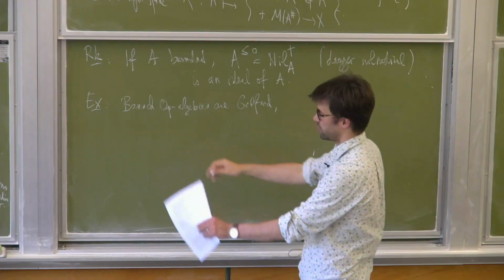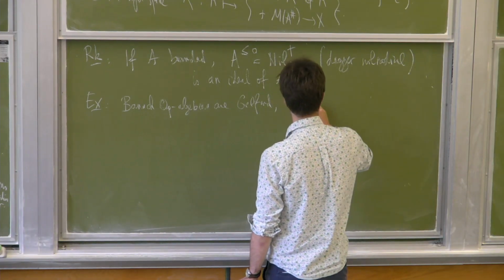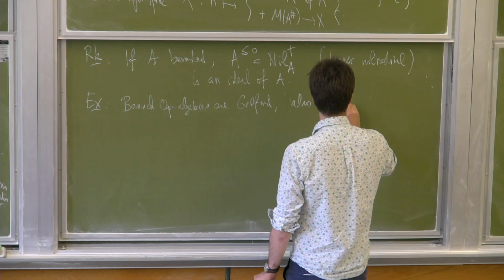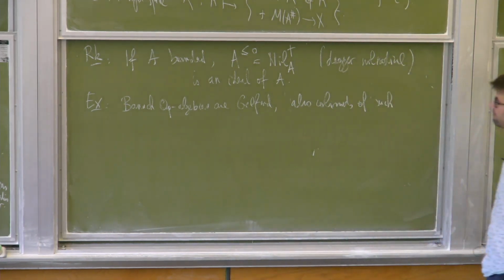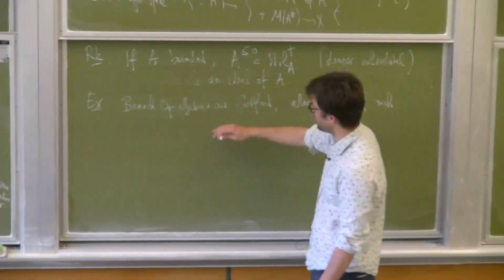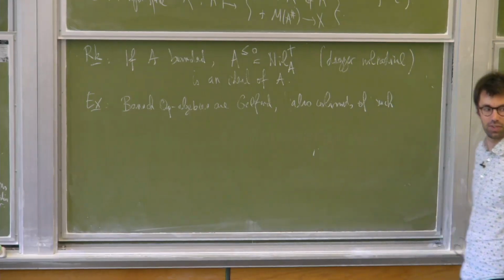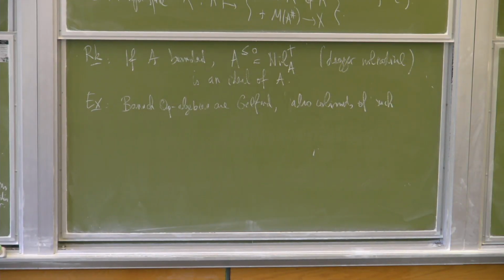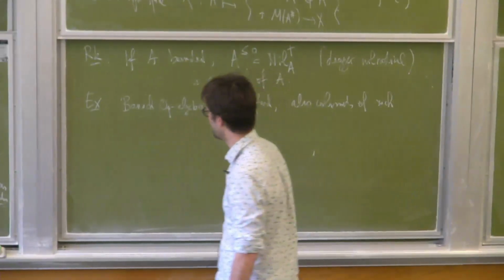But also, this category is stable under colimits, and also colimits of such. So all the rings that you see in rigid analytic geometry, so Tate algebra, but also overconvergent Tate algebra, which are filtered colimits of Banach Qp algebras, are examples of Gelfand rings.